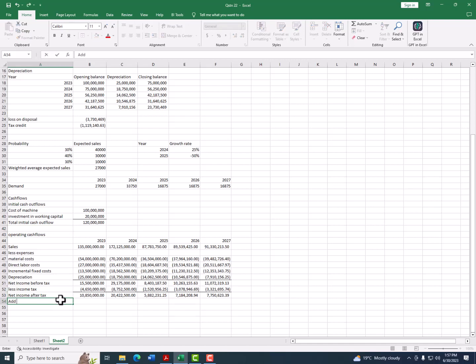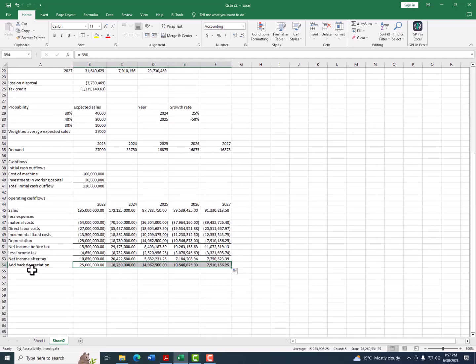So write add back depreciation. It equals minus this figure there. We are saying minus because we want it in positive, because we are adding back. Right, we have that.